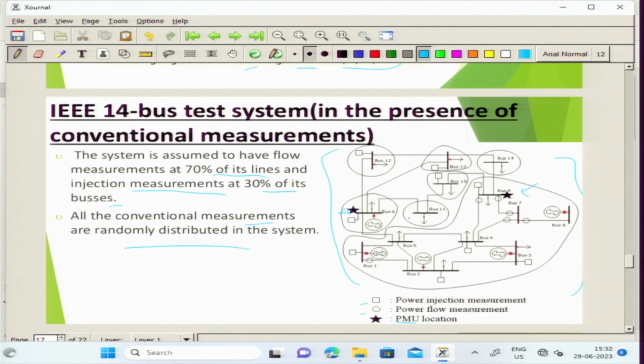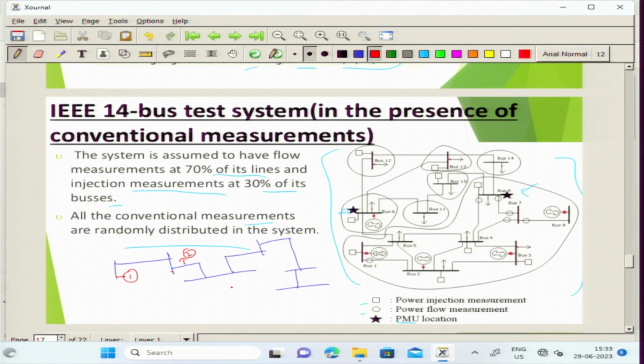So this PMU location is very critical. Otherwise, what may happen is, let me take a case study to help you understand that. Let us say I am just taking one random bus network. Let us say this is PMU location 1, and let us take another PMU location somewhere here.